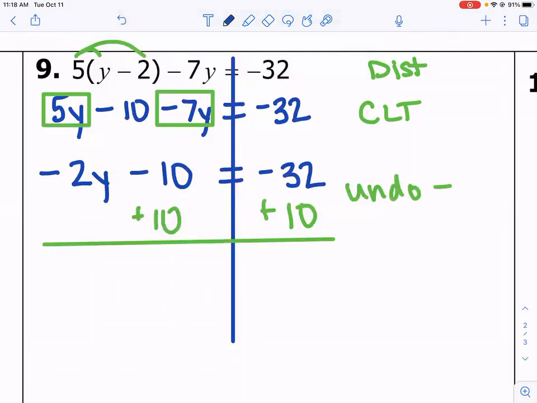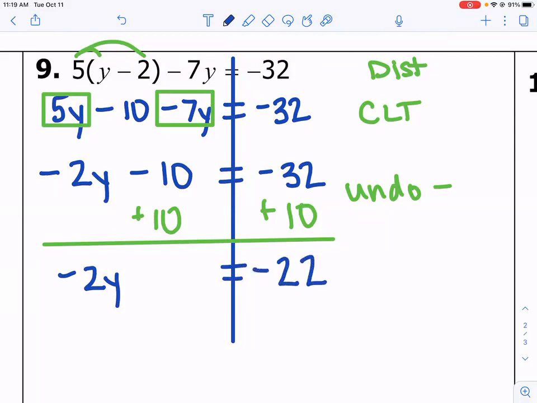Should I be adding 10? Was that the right step? Trent, you can just shake your head yes or no? Yeah, it is. Okay. So then Kinley, we have negative 2y equals what? I asked Kinley, what's negative 32 plus 10? 22. Is it going to be a positive or a negative 22?